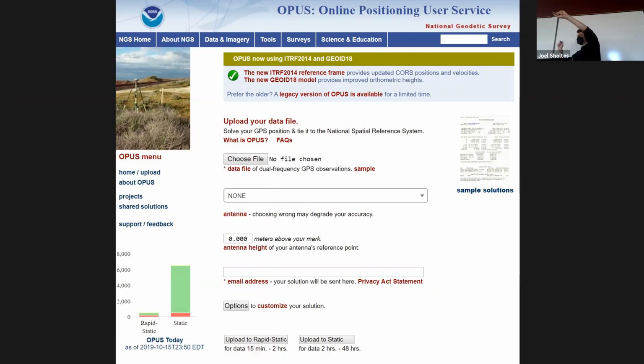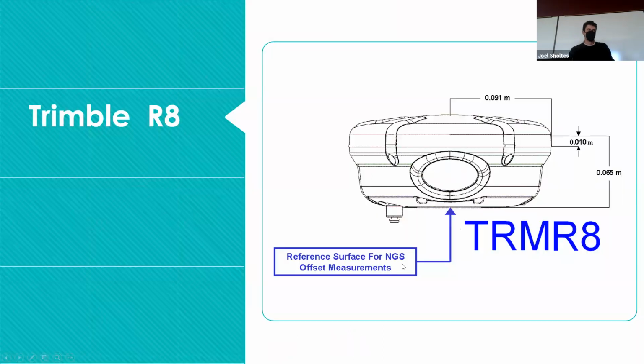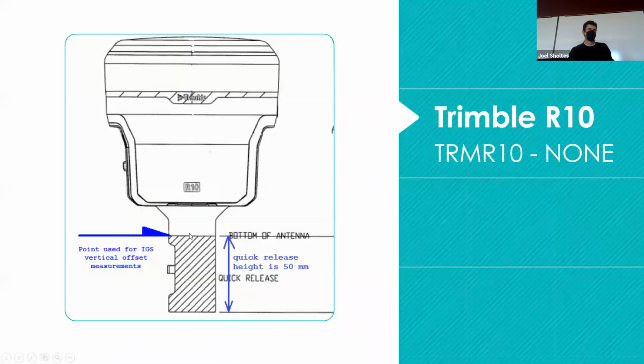Okay, it was 1.415 meters to the extension lever, and then we know that it's 0.01 meters to the quick release, and then 0.075 or whatever, to the bottom of the antenna. So understanding what the reference point is is really important, because you're going to have to do all that math. So here is our Trimble R10.